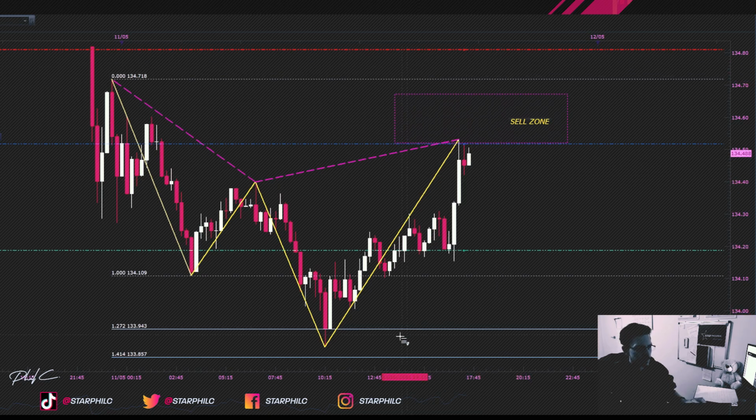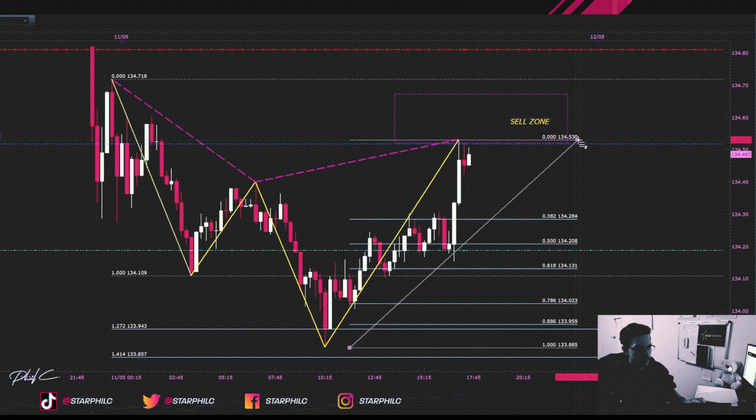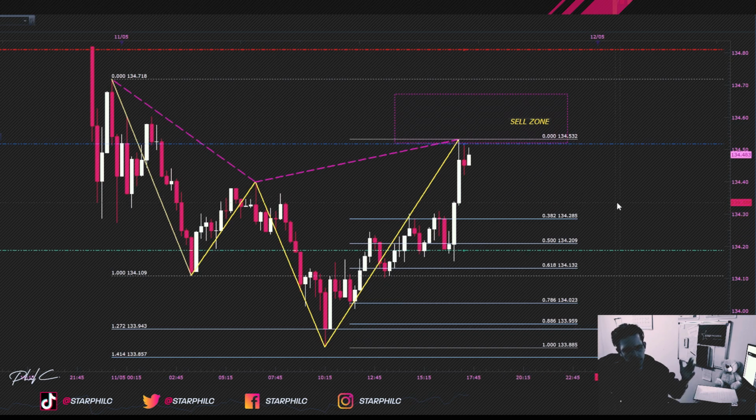And now we do the targets. So targets is a Fibonacci retracement from CD, so right here, swing low all the way up into swing high. Again, it's traditional pattern targets.